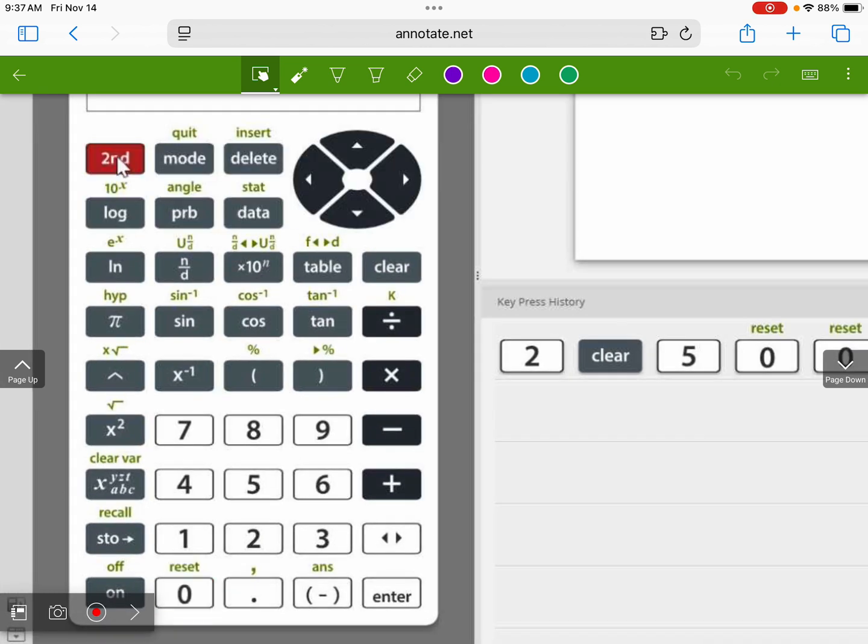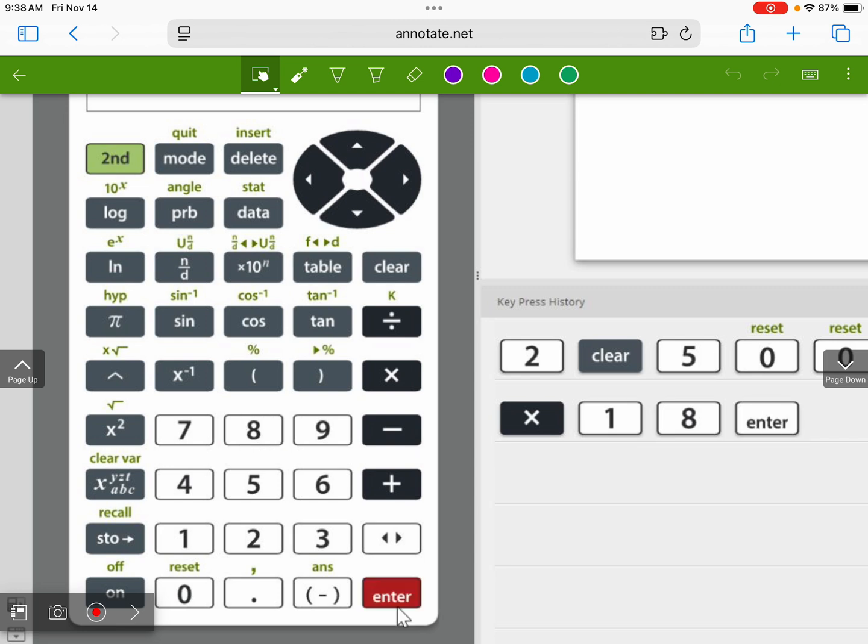To get E, hit the green button. Then we hit ln. It shows you the E and it kicks you up into the exponent. And then we can just straight up type in our rate, 0.046, times 18. You can type it in just like that. You don't have to simplify it. You can, absolutely valid, but you can just type it in like that.